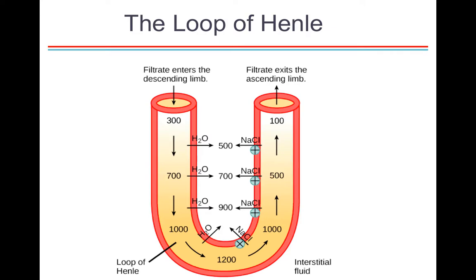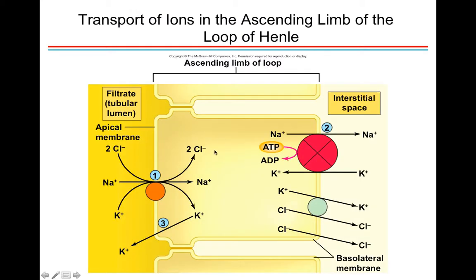So in the ascending loop of Henle, we have salt, NaCl, being actively pumped into the interstitial fluid. And specifically what is happening is we see sodium moving down its electrochemical gradient, with its concentration gradient, from the filtrate in the lumen into the cell.